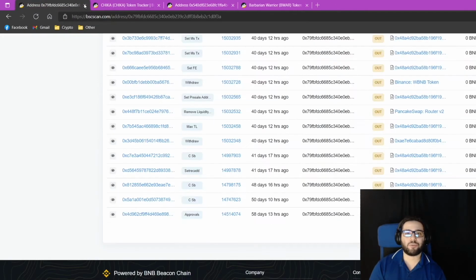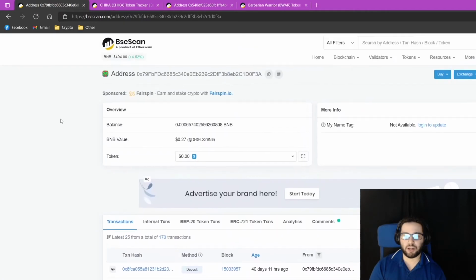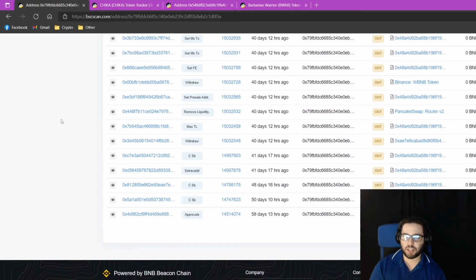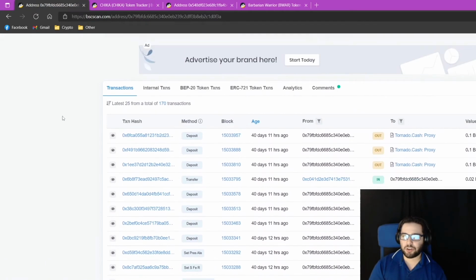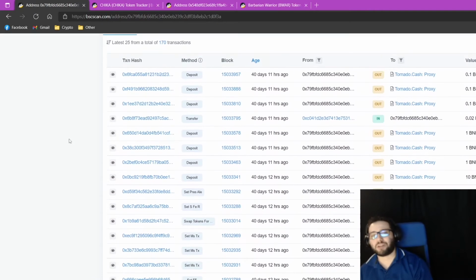That's one dev wallet. Now, this is another dev wallet. I'm trying to remember what the token was for. Oh, yeah, this was for Chimps. So the developer of Chimps, unfortunately, contracted out the contract to someone else to manage it.